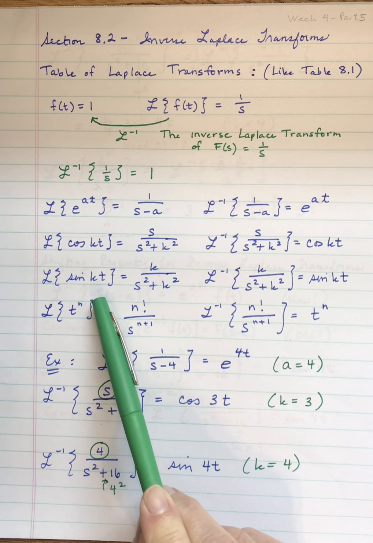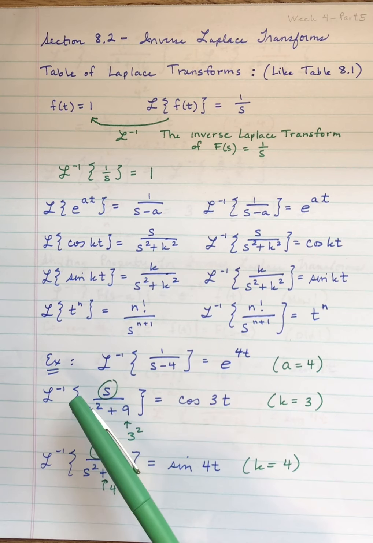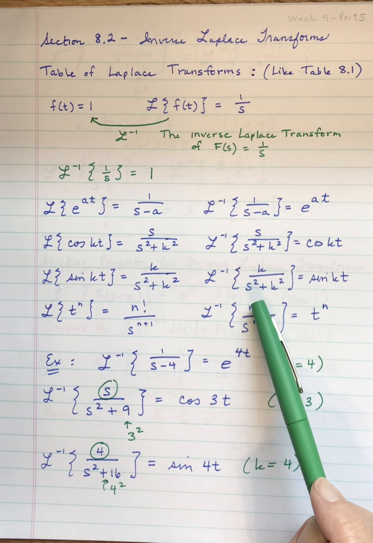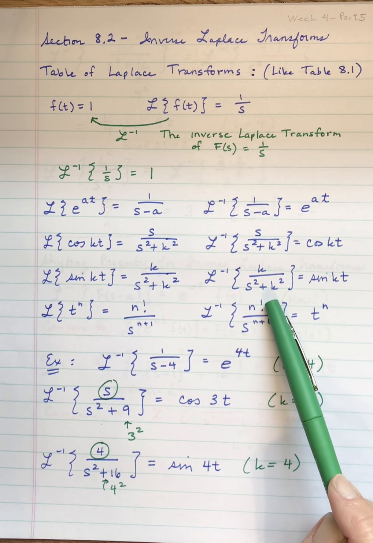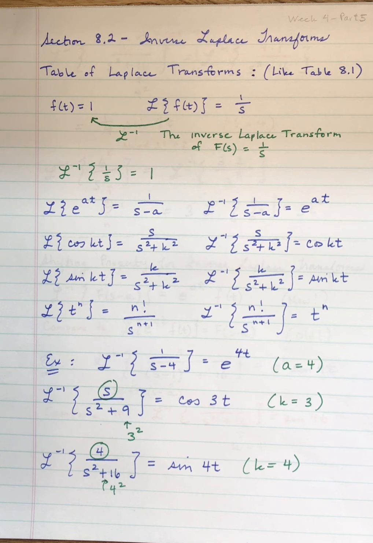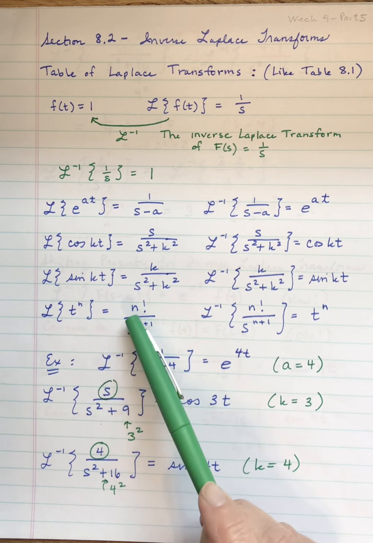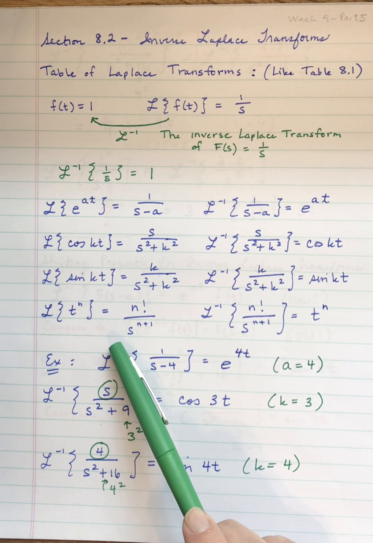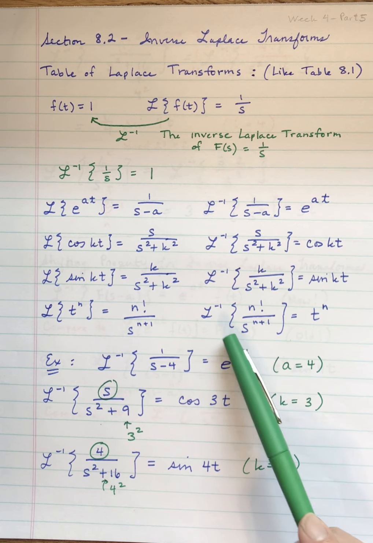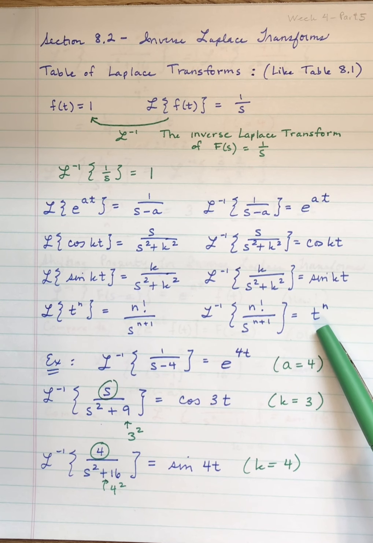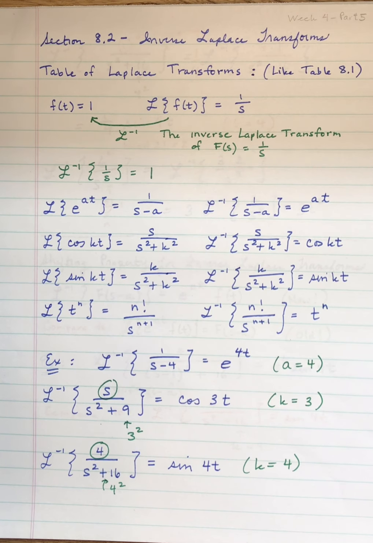Same with sine of kt. Its Laplace transform is k over s squared plus k squared. It means the inverse Laplace transform of k over s squared plus k squared is the sine of kt. And finally, the Laplace transform of t to the n is n factorial over s to the n plus 1 power. That just means the inverse Laplace transform of this function of s is t to the n. You just go in the opposite direction.